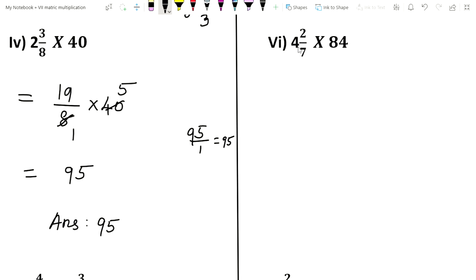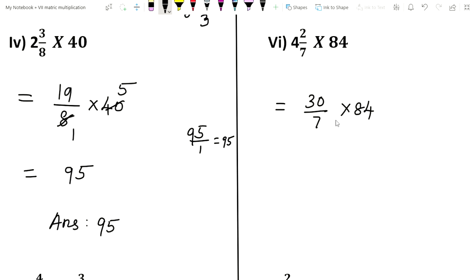See here, 4 into 2 by 7 into 84. First we need to convert into improper fraction. So 4 sevens are 28. 28 plus 2, 30. 30 by 7 into 84. Now you divide this. There is no common factor between 30 and 7 except 1.